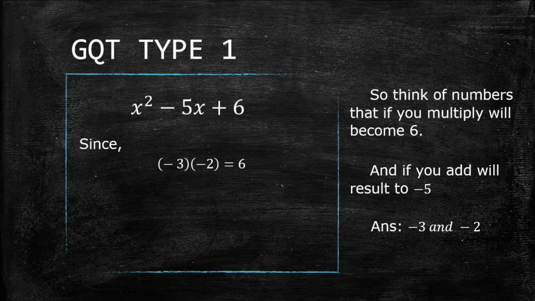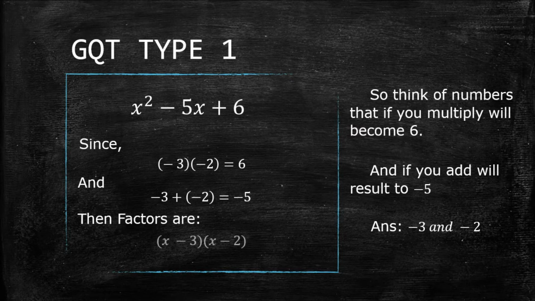It is because -3 times -2 is +6, which is our C, and -3 plus -2 is -5, which is our B. Since we satisfied the conditions, the factors are written as x minus 3 times x minus 2.